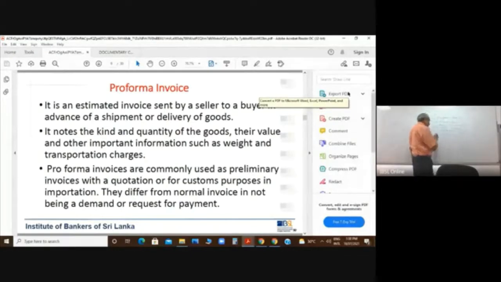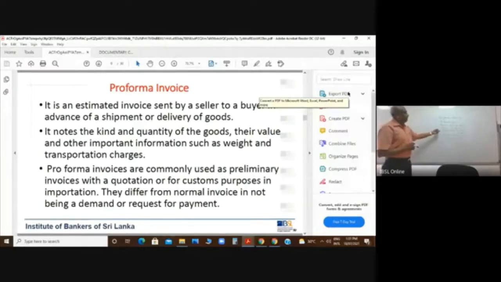Shipment from Nagoya, Japan. Shipment to Hambantota Port, Sri Lanka. Like that, we will give a brief description.